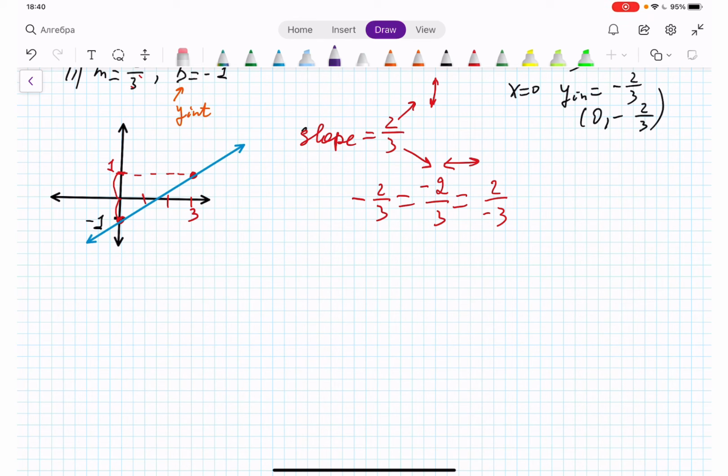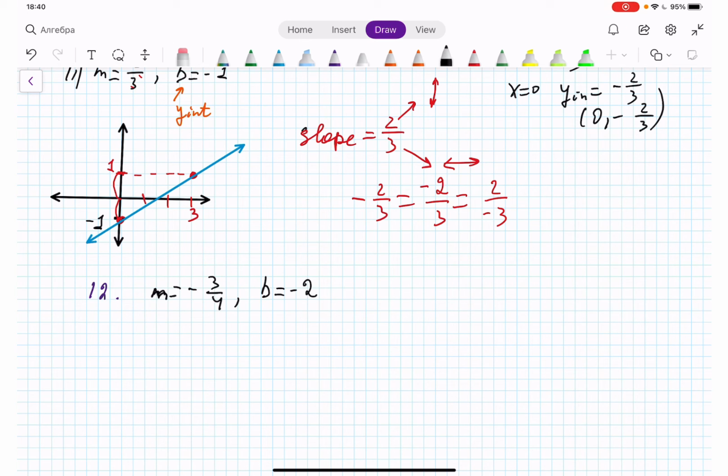This is question number 12. m is equal to negative 3/4, and b is equal to negative 2. Okay, so b is our y-intercept, right?